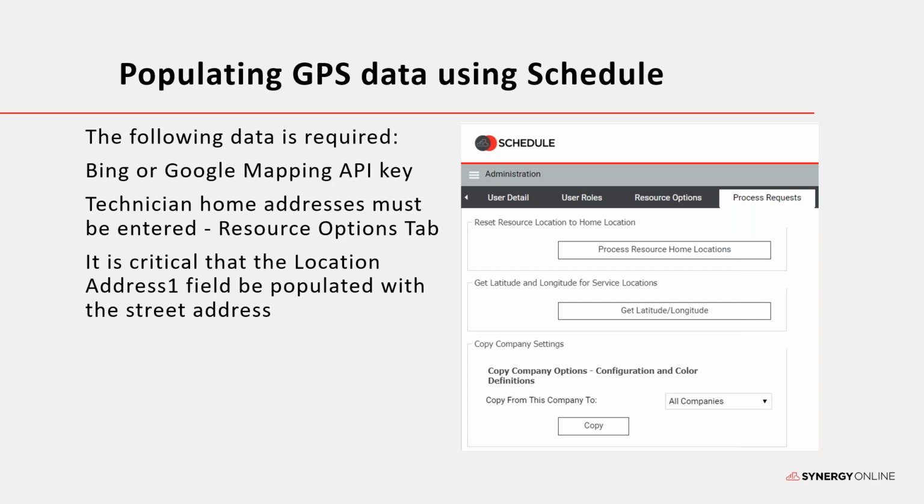I've seen a lot of that sort of extraneous data put into the address 1 field, and then the street address is put into the address 2 field. So you want to establish a policy for your company that whenever location data is being entered, the physical street address should always be entered into the address 1 field so that these API keys can read that data appropriately. So keep that in mind.